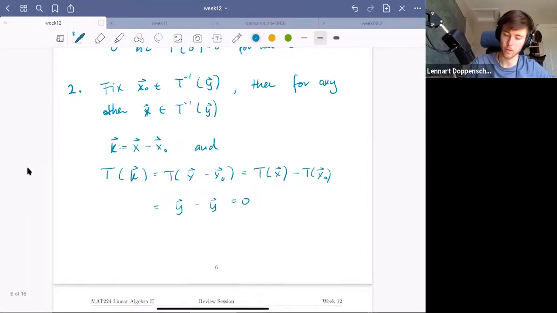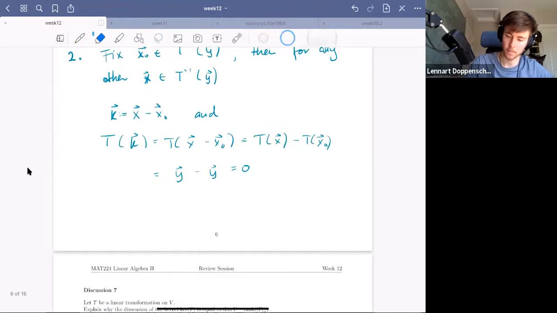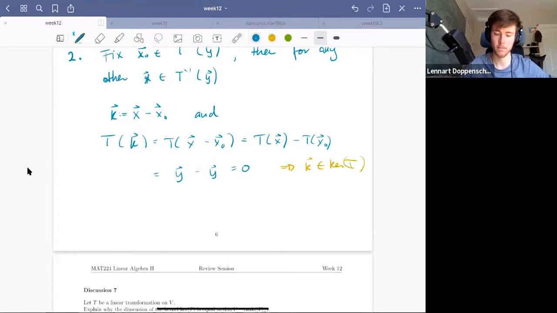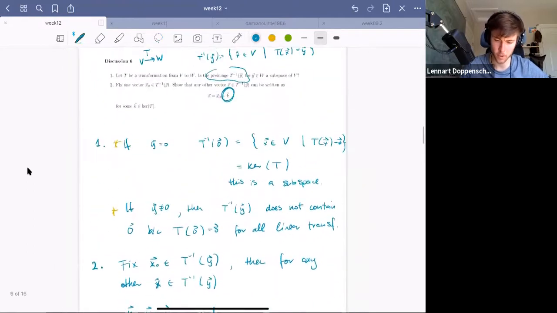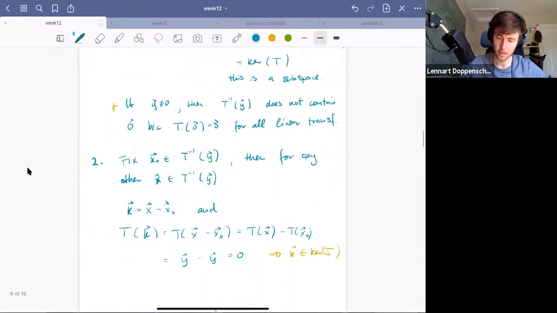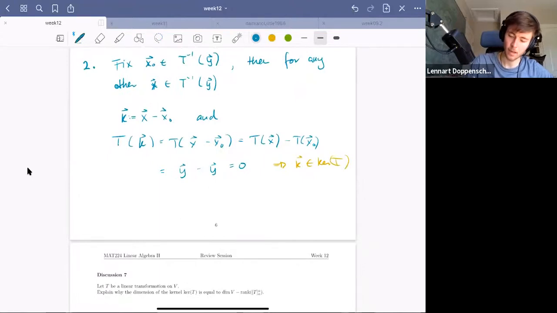So this is 0, and this implies that k is in the kernel of T. So it was just a computation to show that x is equal to x0 plus k for k in the kernel of T.